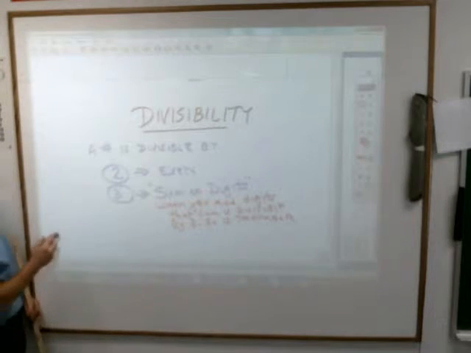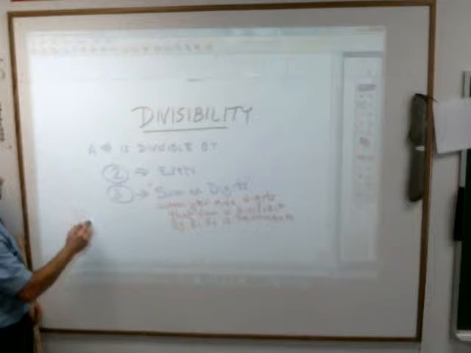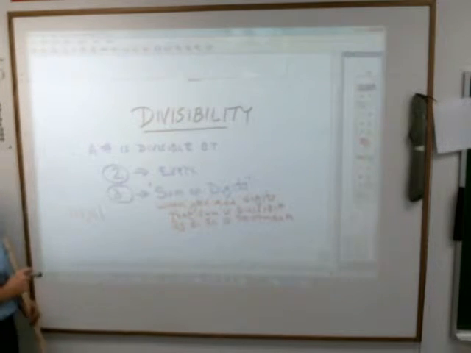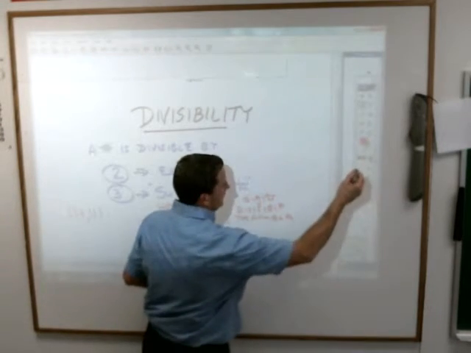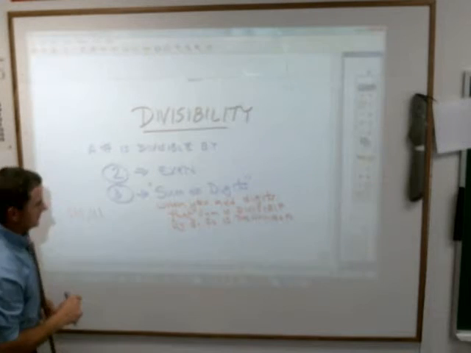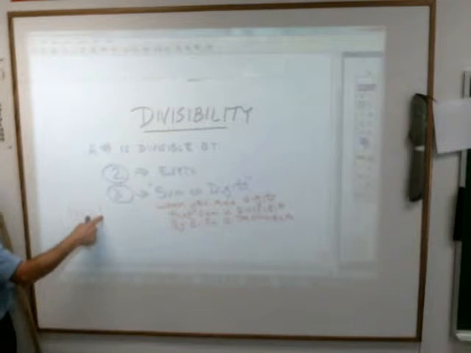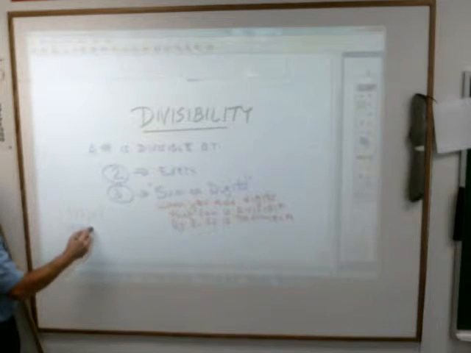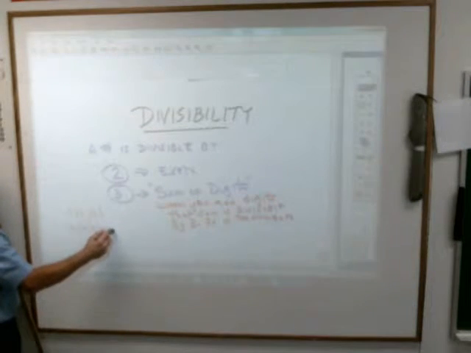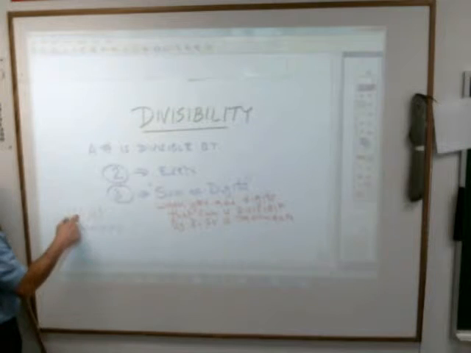Let's say I have the number 111,111. The sum of the digits check for divisibility by 3 says this. You take all of the digits and add them together. 1 plus 1 plus 1 plus 1 plus 1 plus 1. 1, 2, 3, 4, 5, 6 ones.